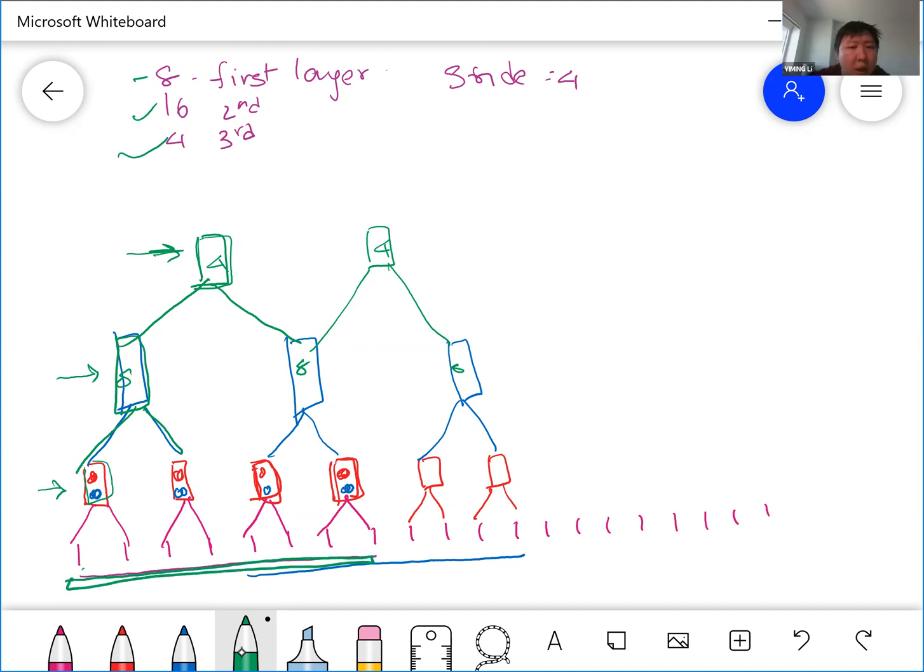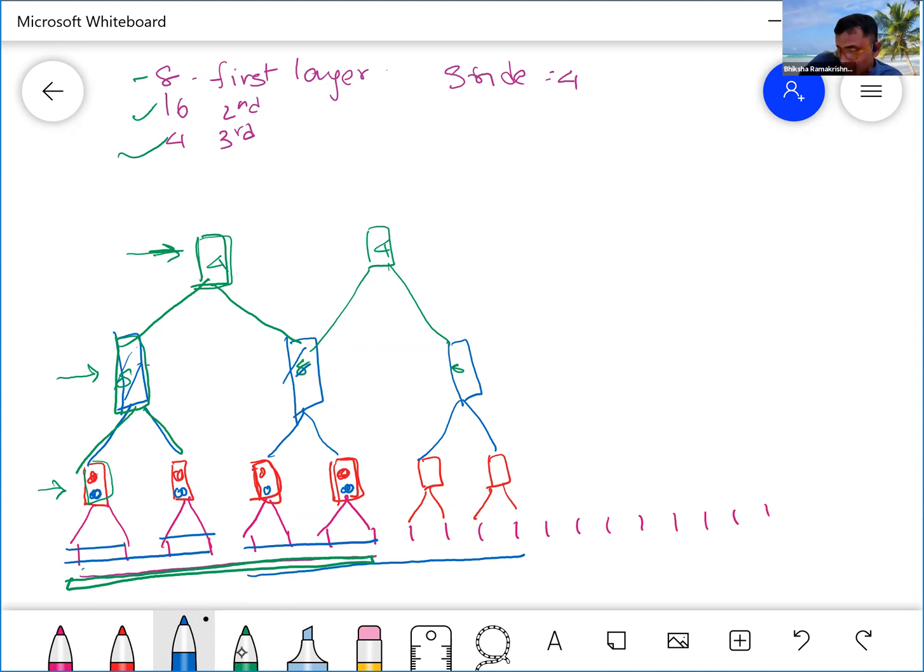But the width of 8 is distributed as 2 spans of 4. Correct? And this span of 4 is further distributed as 2 spans of 2. Why, after you distribute it in 2 fours, do you further distribute the fours into 2s? This is just how I chose to distribute it.